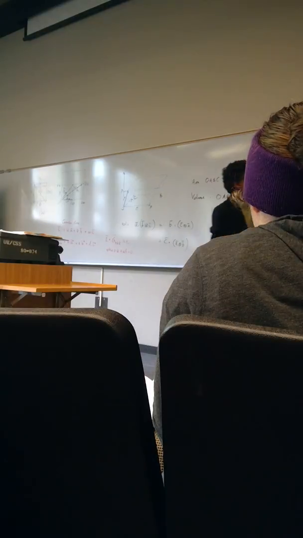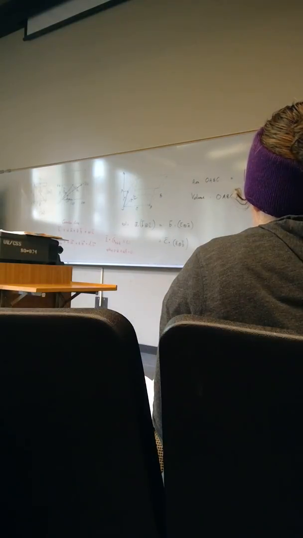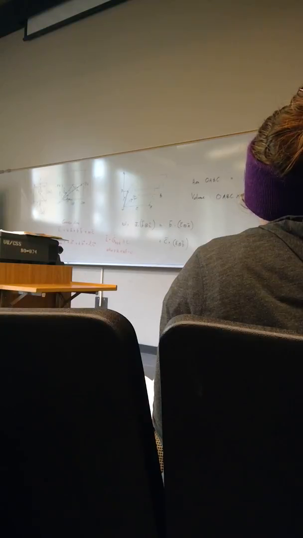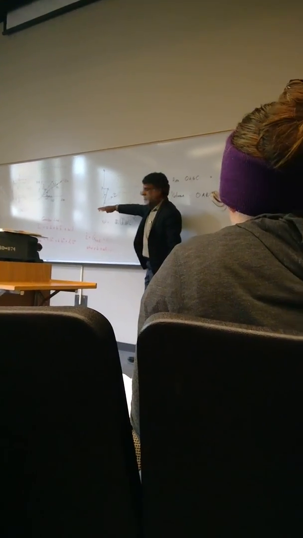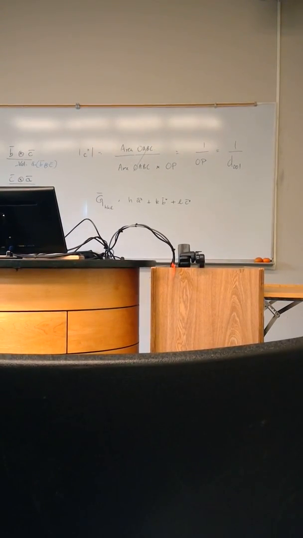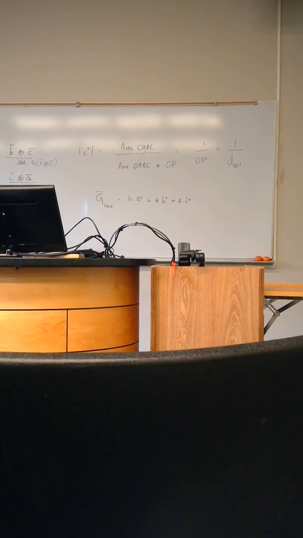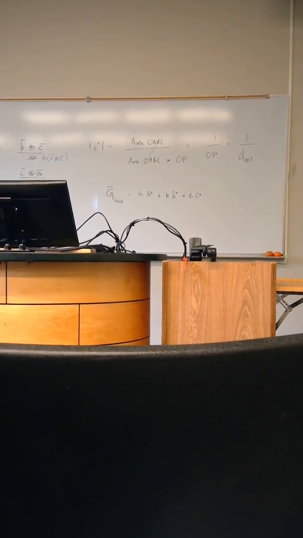And that height is the area of OABC multiplied by ABC, which cancels. This is 1 over OP, and this is 1 over d001. This is the Z direction, the interplanar spacing. These are the 001 planes. I'm just showing you that basically that is the inverse of the spacings. Cool. That's the way we define it.